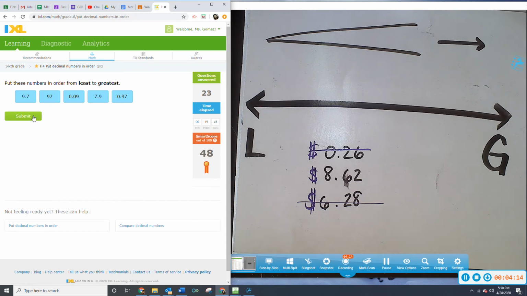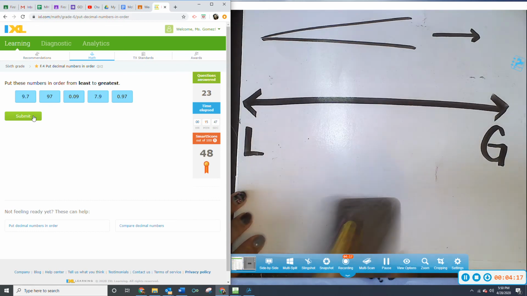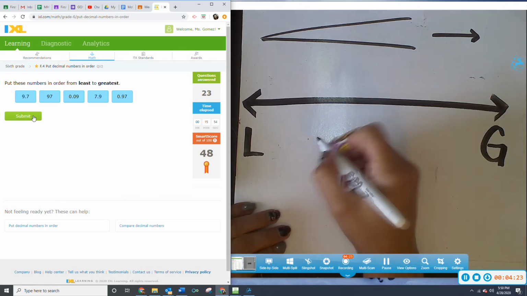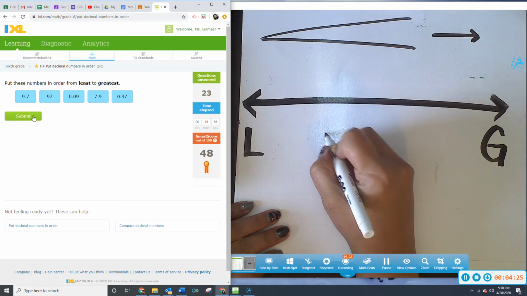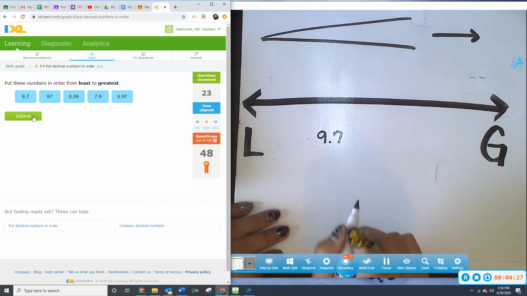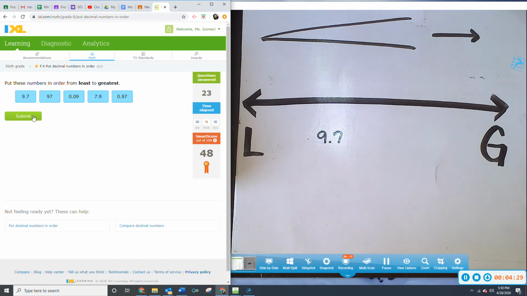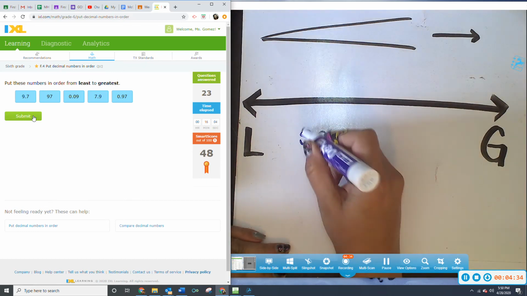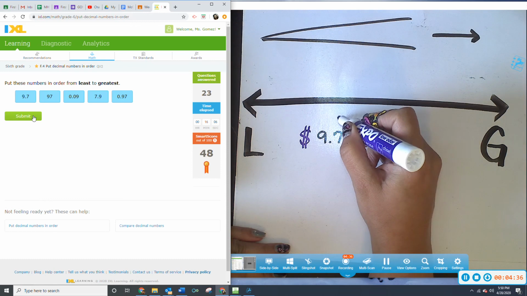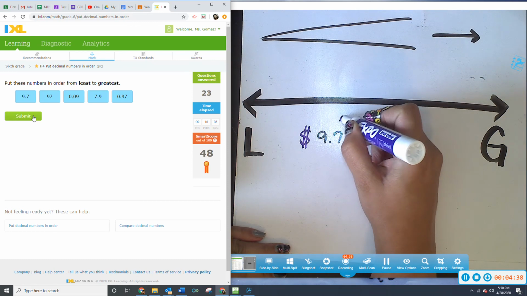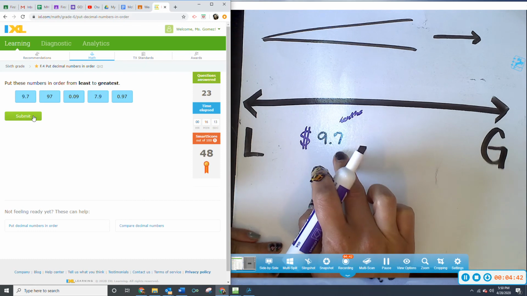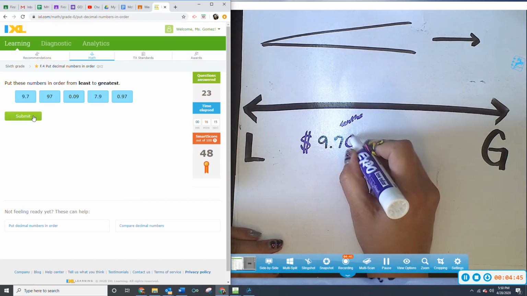Now, it's gotten a little bit more difficult because it's given us 5 numbers this time. Oh, goodness. And again, it wants least to greatest. So we have 9.7. Now, once again, I want to try and think of this as money. So that's $9. Remember, this is in the tenths place, so that's $9.70.